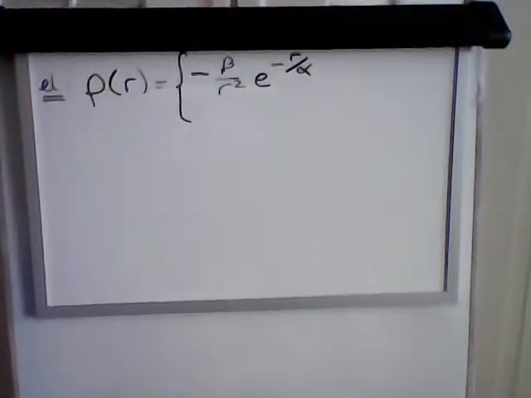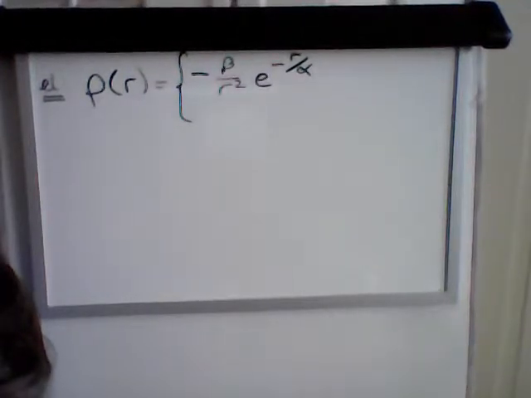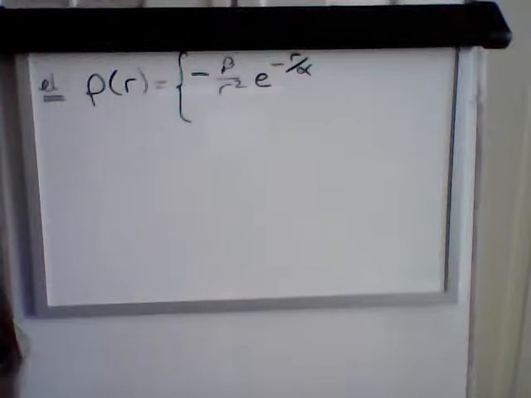Okay. And this is for, oh, sorry. A, not alpha. Oh man, my hand is hard to read. No, that's alpha. Is that alpha? It looks like alpha. It is alpha. Well, that's baloney.